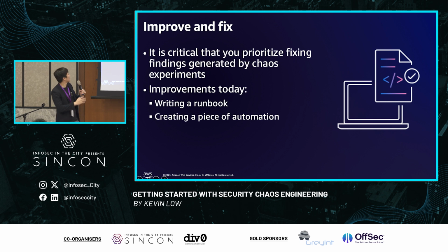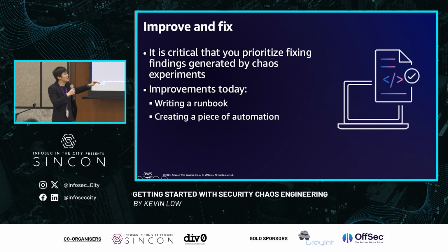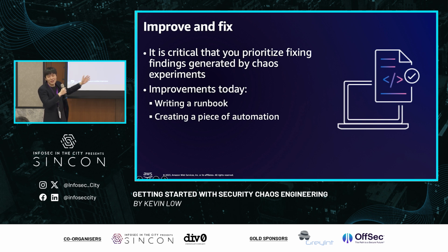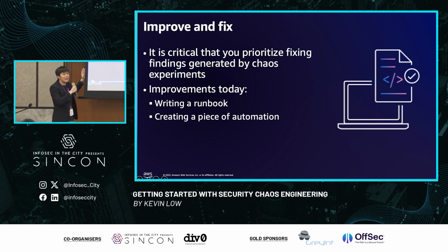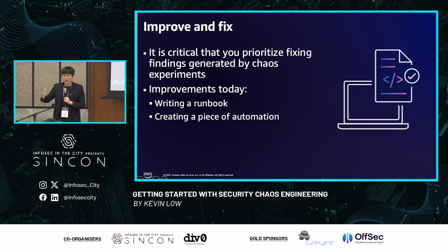Okay, so for our scenario, what they learned after that was that they wrote a runbook and they created a piece of automation. And then most importantly, chaos engineering is an iterative process. The most mature organizations are running it all the time.